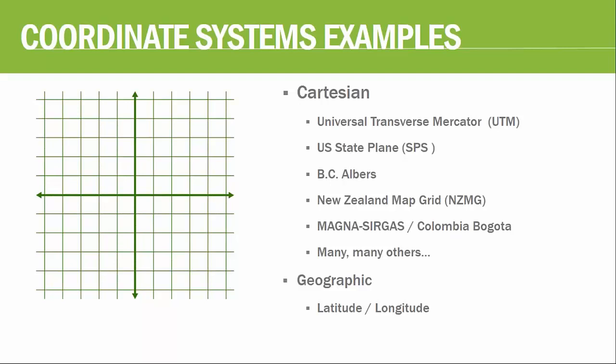UTM is fairly common. It looks like you've peeled the Earth like wedges of an orange and flattened each one of them down. There's another coordinate system that's very common in forestry, the BC Albers. The Albers coordinate system can be used anywhere, and it tends to have equal areas.